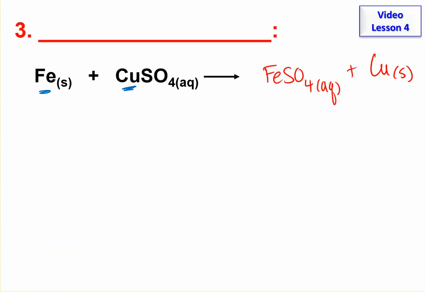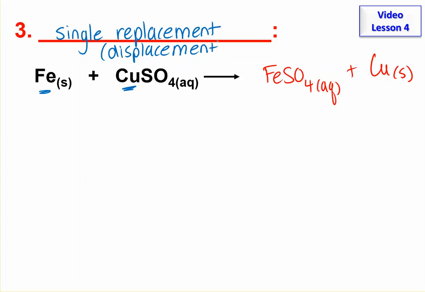Since it's just one element replacing the other, we'll call this single replacement. It can also be called single displacement. Not a big deal. I say both. Usually I say replacement. But anyway, so that is a single replacement.